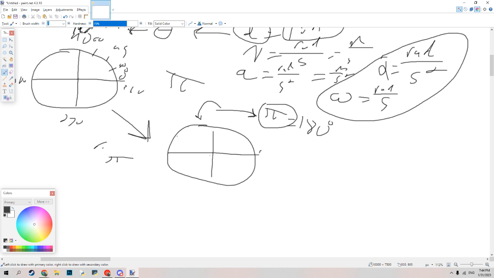That means that at 0 degrees, it's still 0, obviously, because the conversion factor, if pi is equal to 180 degrees, is just to divide both sides by 180, and you have 1 degree equals pi over 180 radians.